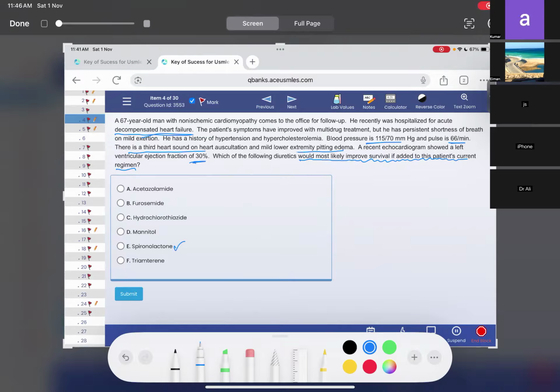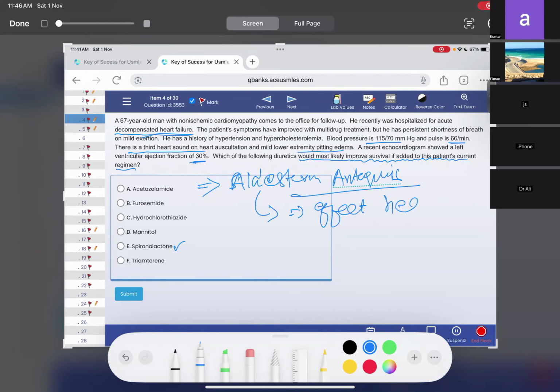Excellent. There are some factors that also tell us spironolactone is an aldosterone antagonist, and we know that aldosterone has an effect on the heart as well.